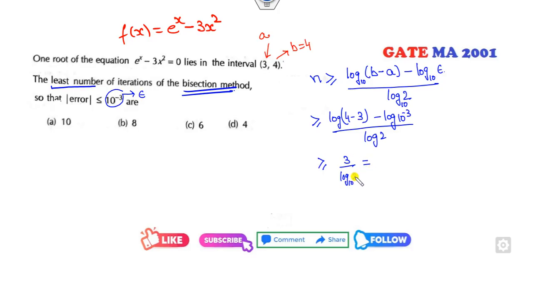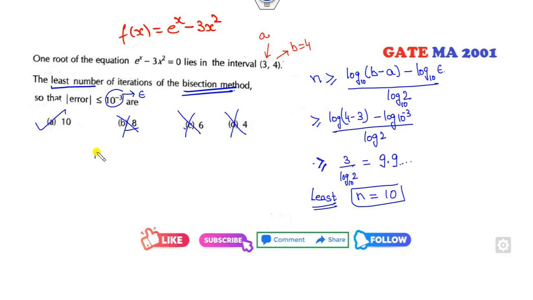So what is the right answer? If you divide them, it is 9.9 something, which is greater than or equal to. What is the least number which satisfies this? Clearly 10 is satisfied. So clearly 8 is not greater than 9.8, 6 is not greater than 9.9, and here. So A is the correct answer.